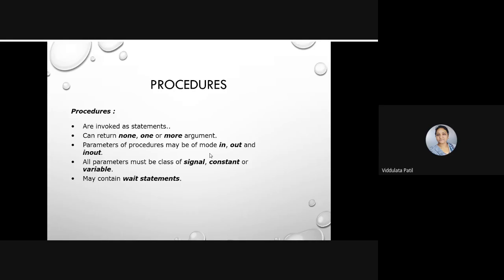And all these parameters are of the class signal, constant and variable. Okay. In functions, we have just the class of signal and constant, but in procedures, it may also be of variable type. Then it may contain a wait statement. Now, functions cannot have wait statements, but procedures can have wait statements.